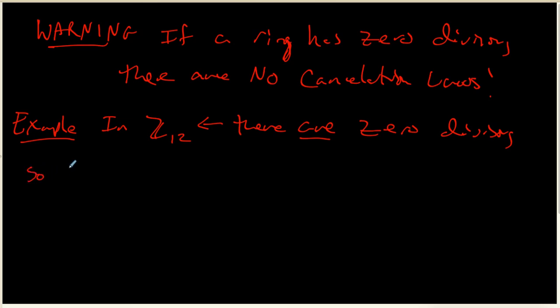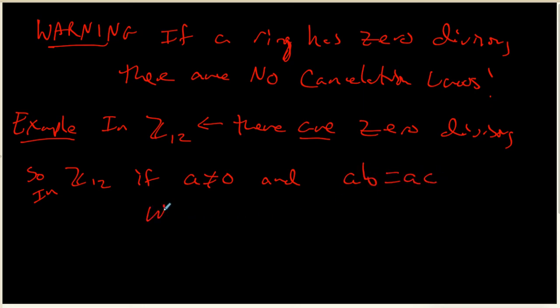So in Z12, if we know that A is not 0, and we know that AB is equal to AC, we cannot conclude that B is equal to C. And so it's really important to understand that you can only use cancellation when there are no zero divisors.